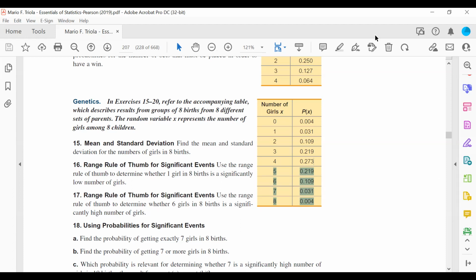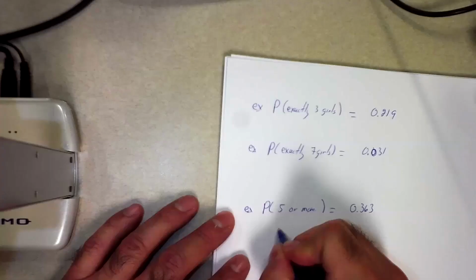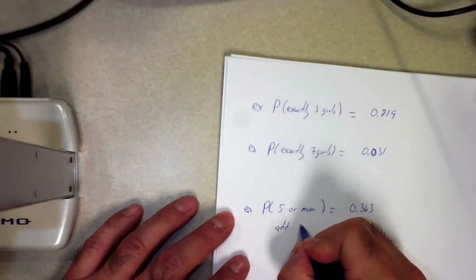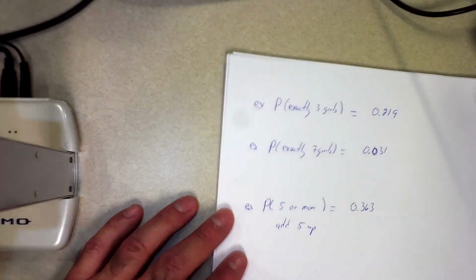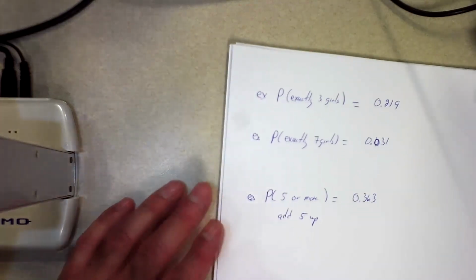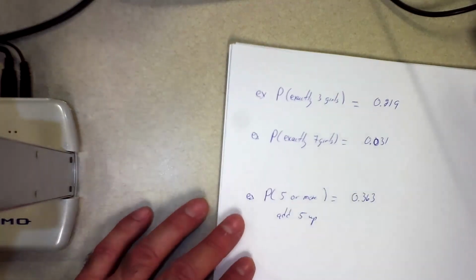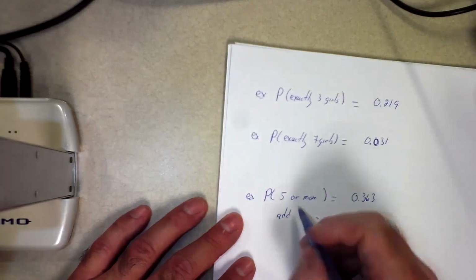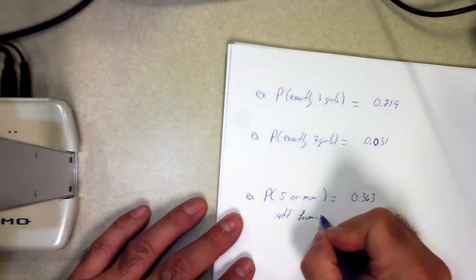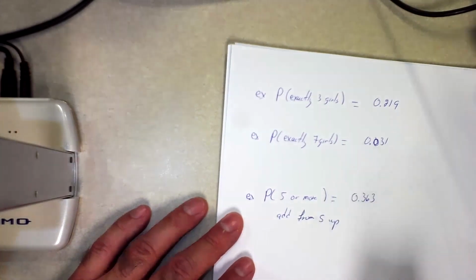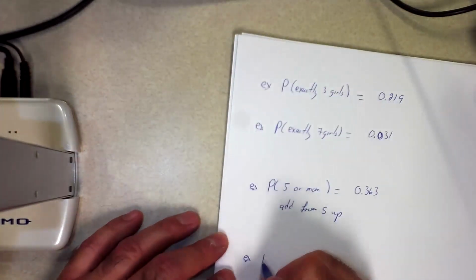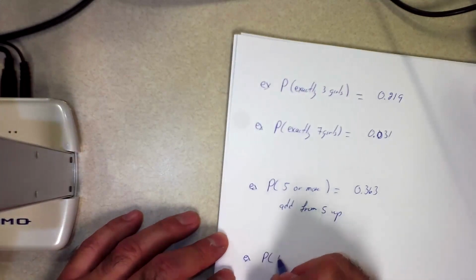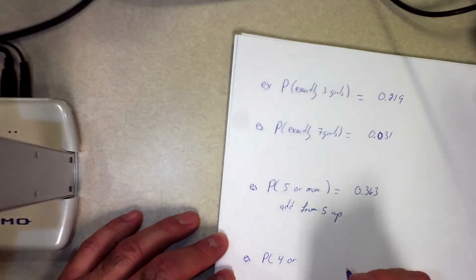So that's how you do it. Let me show you my work. Add from 5 up.